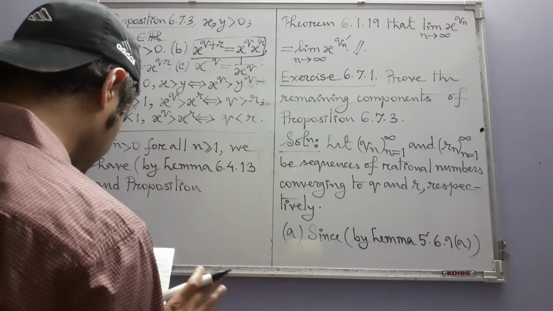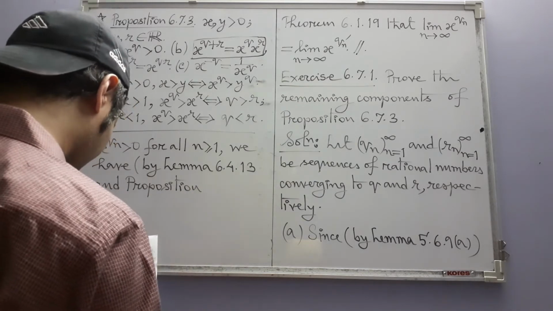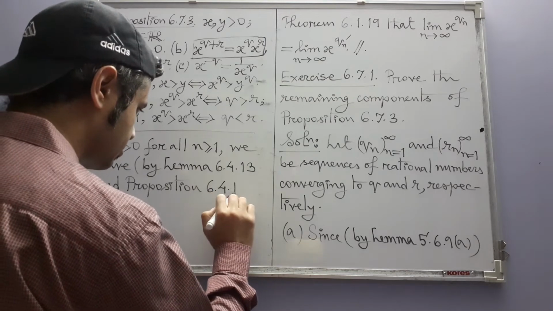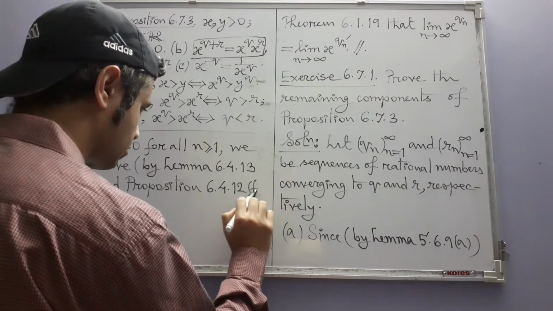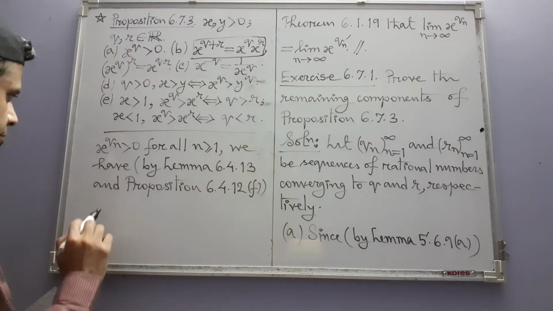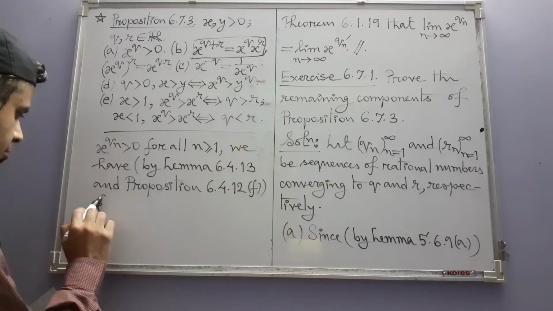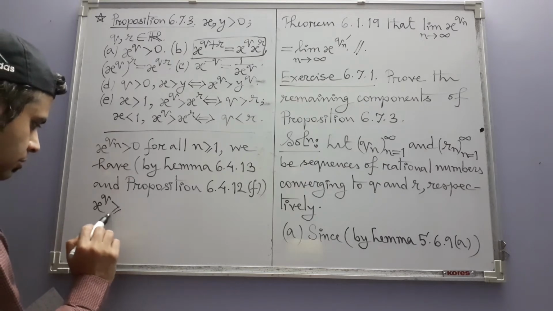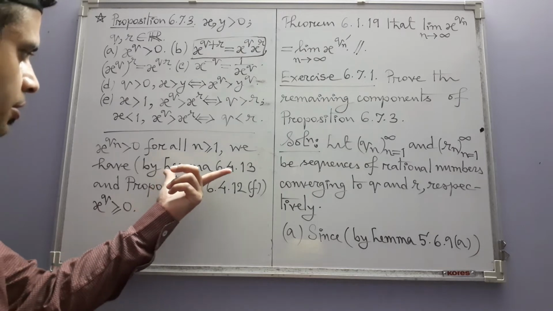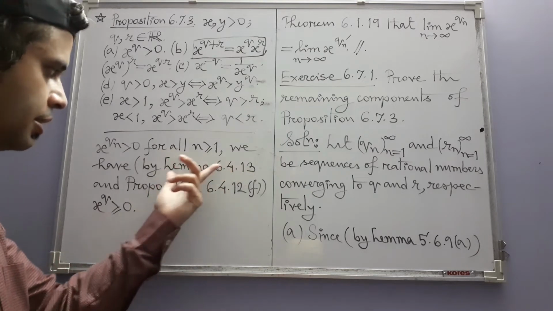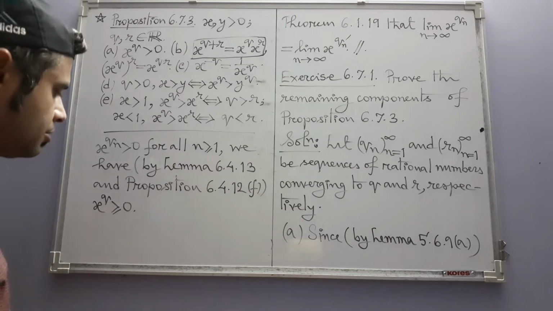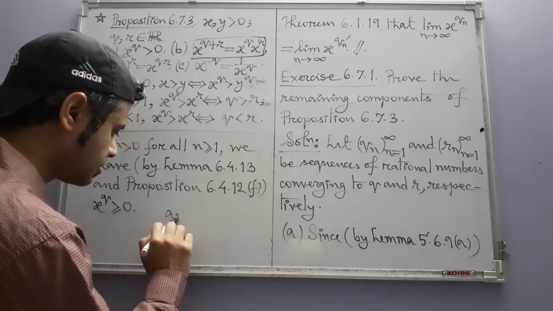I will say what these two things ultimately are telling us together. We have x to the power q greater than or equal to 0. This is Lemma 6413, the comparison principle, which if you recall is something like this.